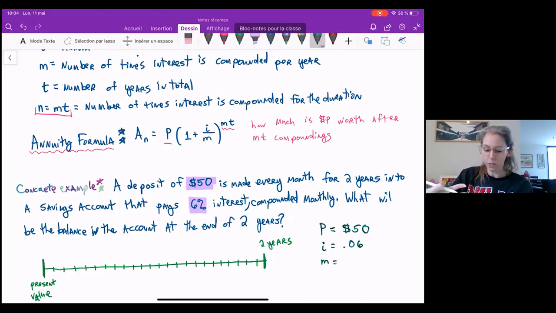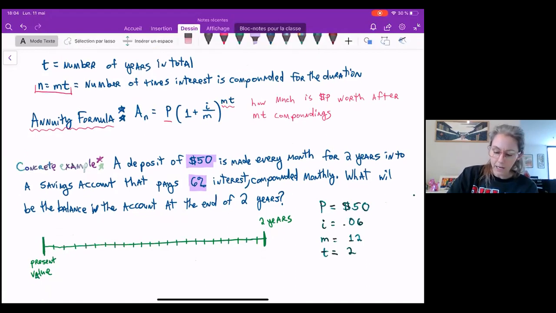So this is compounded monthly. There are 12 months in a year, which means that my M is 12. My T, I am doing this for 2 years, so my T is 2. And my N is therefore equal to 24.